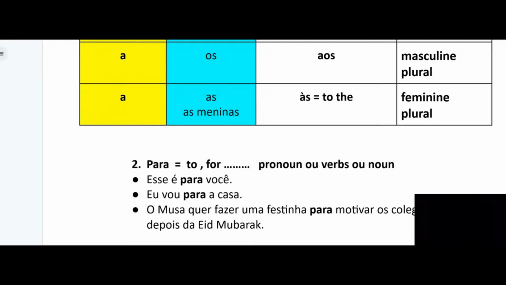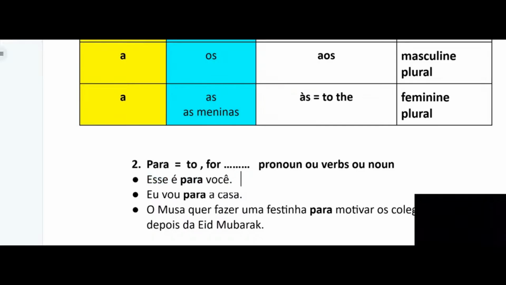So how do we use it? Someone wants to know how we can identify whether the person is saying to or for. Examples. Esse é pra você. Esse, if you're new here, esse means this.